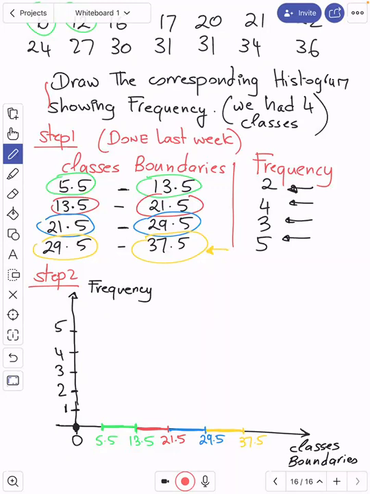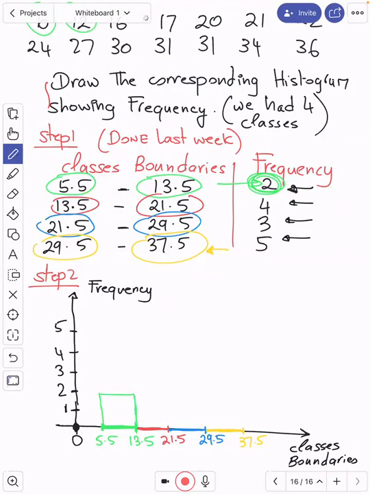Now I'm going to draw the frequency of my first class. The frequency of my first class is 2, right? Over my green interval, which represents my first class, I'm going to draw a rectangle.